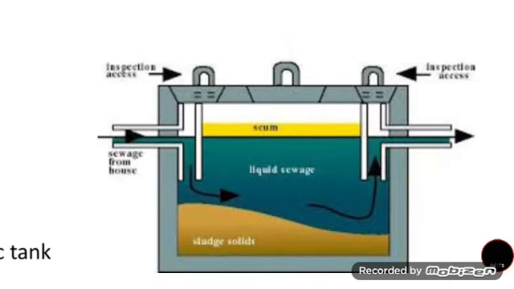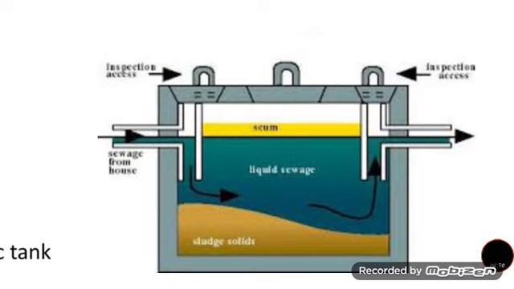Here T pipes are provided at the inlet and outlet to prevent the gases from escaping through the outlet. The formation of gas is not allowed to escape, so for that purpose T pipes and baffles are provided.